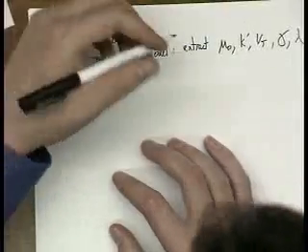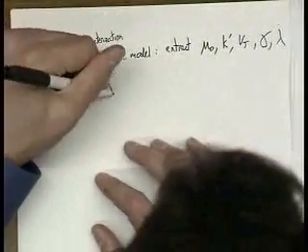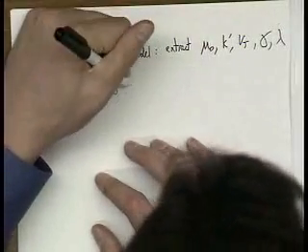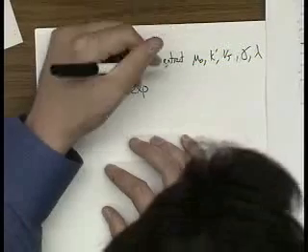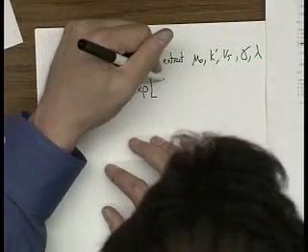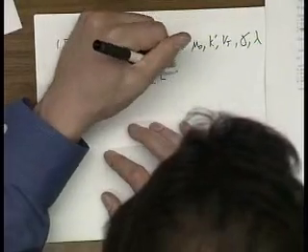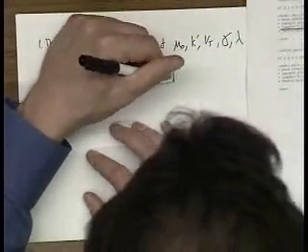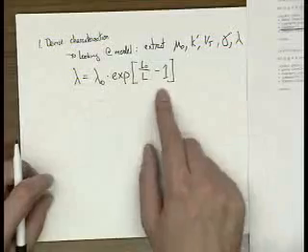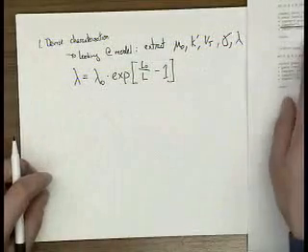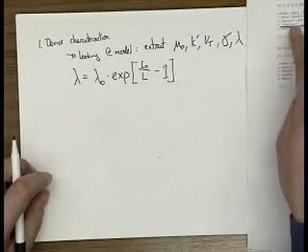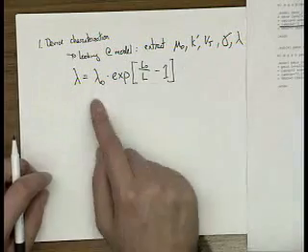Lambda is an expression, and lambda actually equals some lambda naught times the exponential of L naught over L minus 1. This is doing some algebraic simplification to make things more obvious, but that's basically what lambda is.